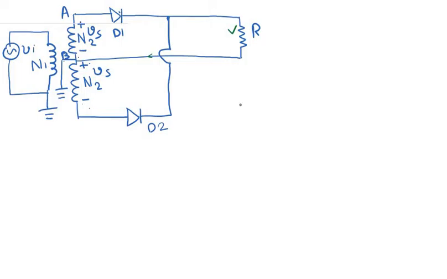First of all, we need to find out the peak inverse voltage required for each diode, because diodes which have a higher peak inverse voltage generally have a higher cost. A diode with a higher peak inverse voltage can endure a higher reverse bias voltage without going into the breakdown regime. So this is an important parameter: what is the requirement of the peak inverse voltage for a rectifier circuit.